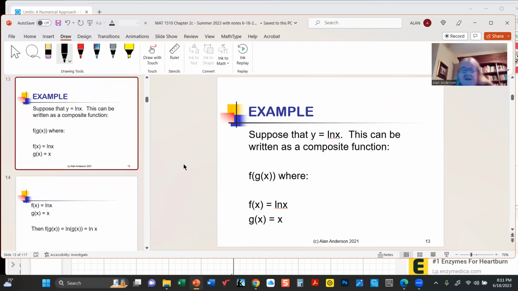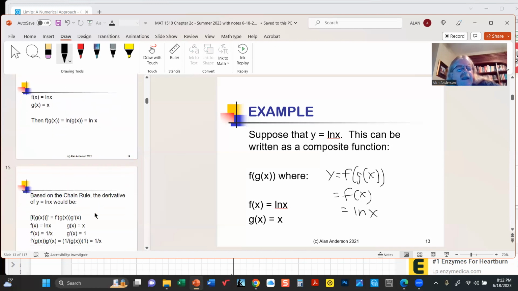Well, it doesn't seem like it, but this is a composite function, because we could think of this as f of g of x, where f of x is the log of x and g of x is x. So therefore, y equals f of g of x. It's a very simple composite function, but it still technically qualifies.